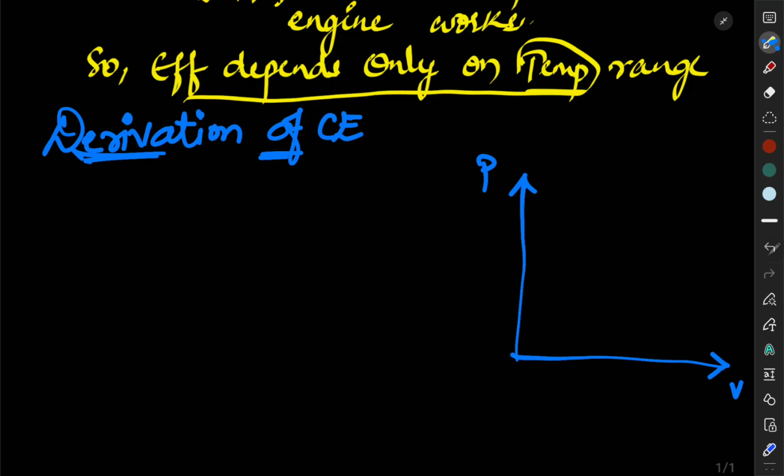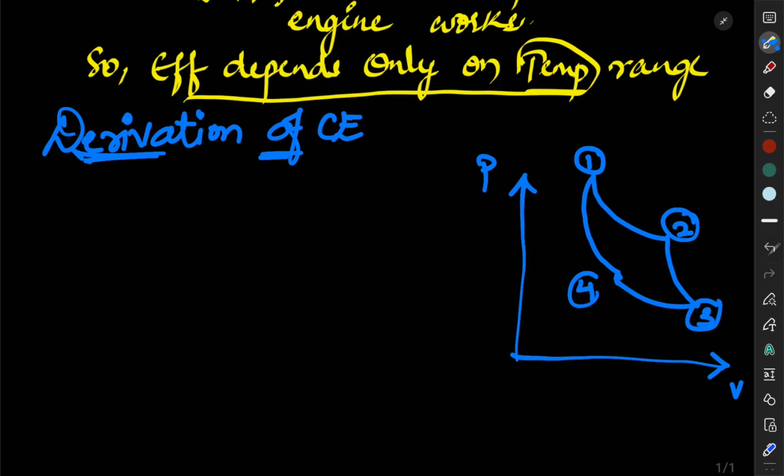Now we have four processes here. The ideal gas is going through four processes: this is the first process, here is the second, the third and the fourth. Here at A, from 1 to 2, it is going through isothermal expansion.